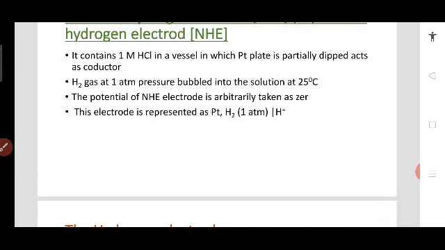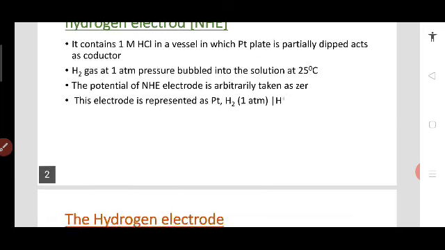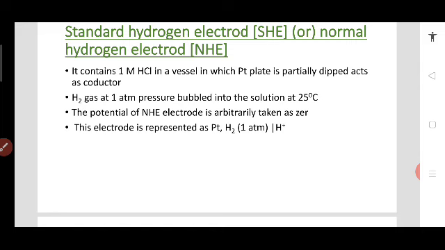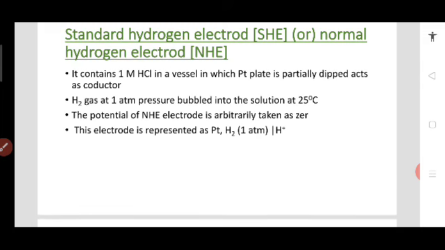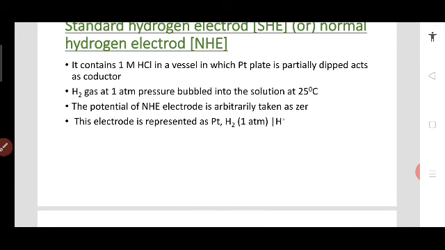Hydrogen gas at 1 atmospheric pressure is bubbled into the solution at 25 degrees Celsius. So in the hydrogen cell, we maintain the solution concentration at 1 molar, the temperature at 25 degrees Celsius, and hydrogen gas at 1 atmospheric pressure.